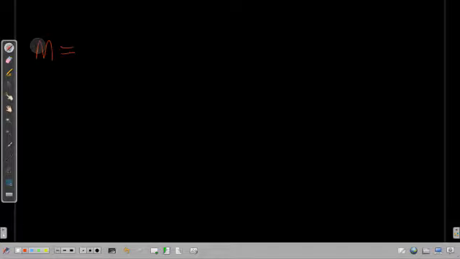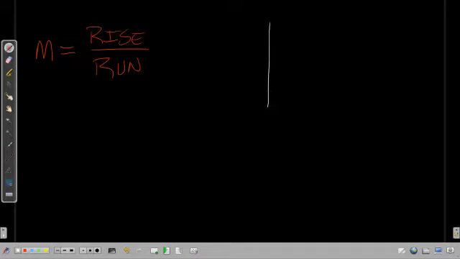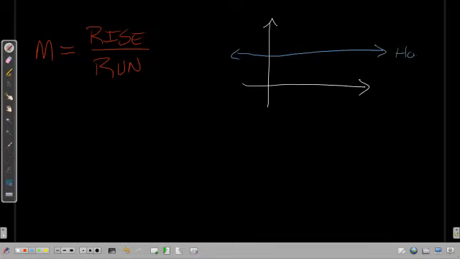It has to do with the definition of slope. Slope is rise over run. And if I was talking to you about a horizontal line like this one, it's horizontal.